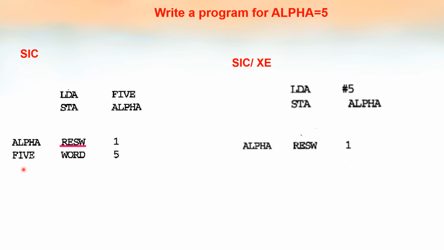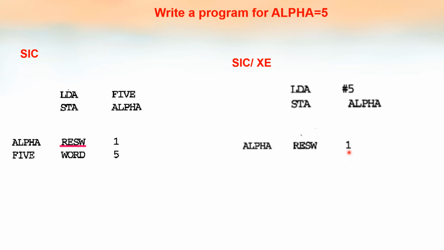So no need of declaring the constant 5 with WORD. We can directly give the value 5 over here. The hash symbol is there, so that is the immediate mode. So directly I am loading LDA hash 5, then STA alpha, which stores the accumulator content to the memory location alpha.